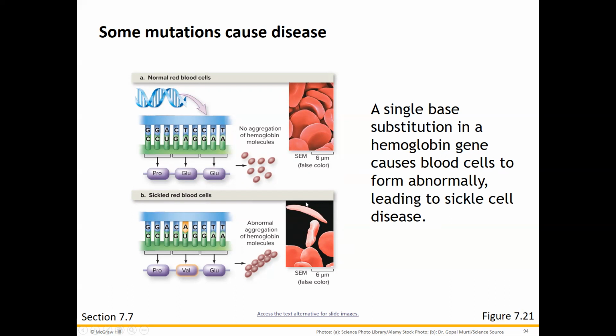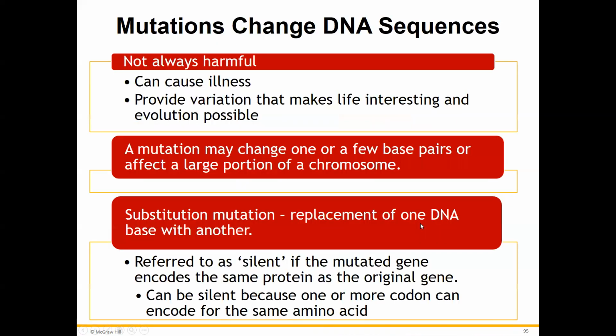And you see them here, they look sickled. They're much skinnier and they're folded and cause blockages, right? These guys end up getting caught on each other and form blood clots where blood clots shouldn't be. And that's referred to as sickle cell disease.